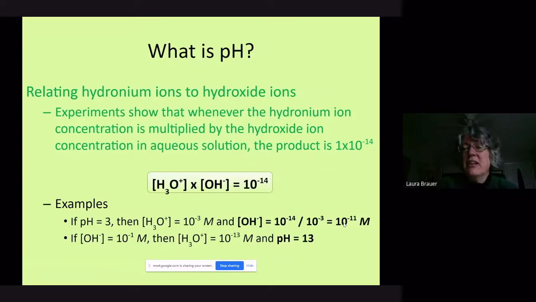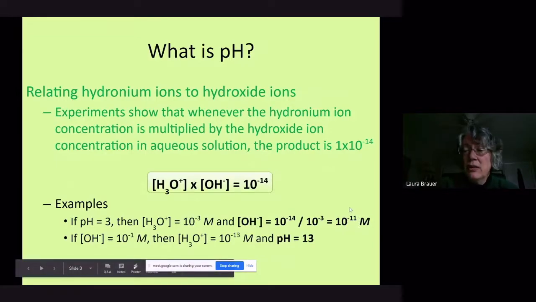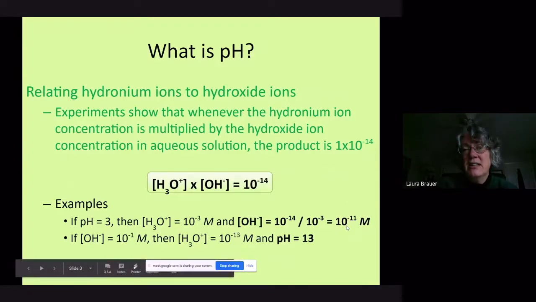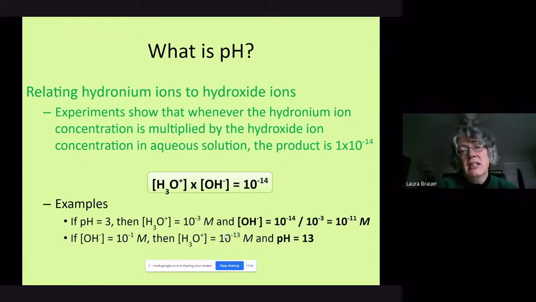That gives me 11, and that gives me the hydroxide ion concentration of 10 to the negative 11. If I do it conversely, if I know the hydroxide concentration is to the negative 1, then 14 minus 1 would give me a 13. So that's the hydronium ion concentration, and that's actually what the pH scale is: hydronium ion concentration.